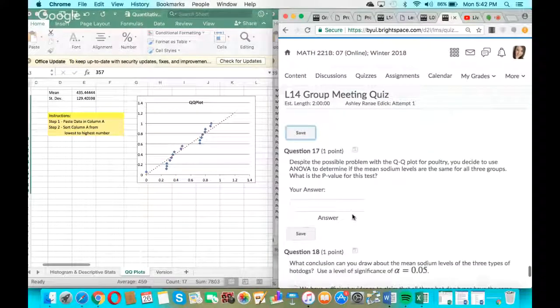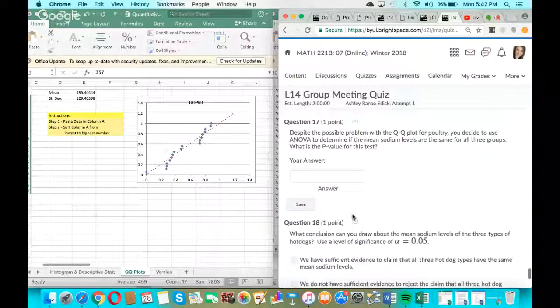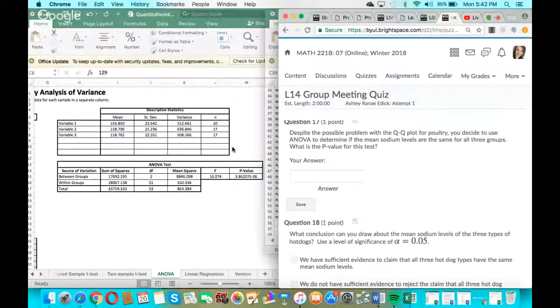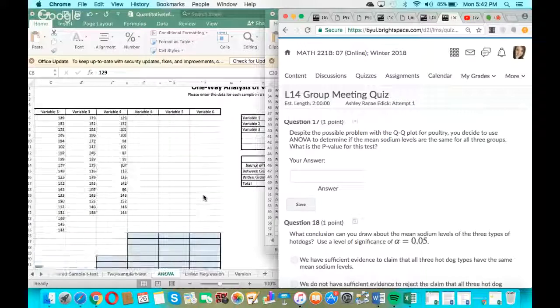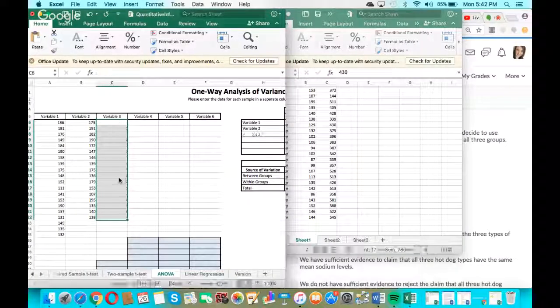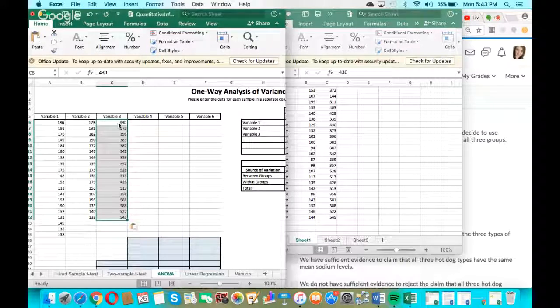Despite the possible problem with the QQ plot for poultry, you decide to use ANOVA to determine if the mean sodium levels are the same in all 3 groups. What is the p-value for this test? Oh, I have to put in the sodium levels. I just copied and pasted that. I should be able to.